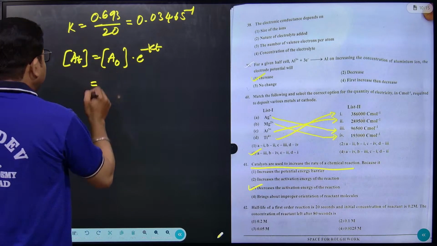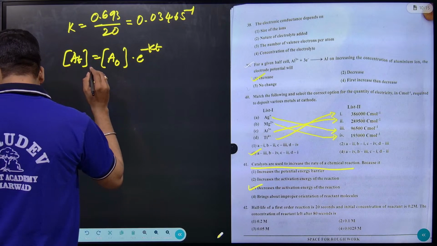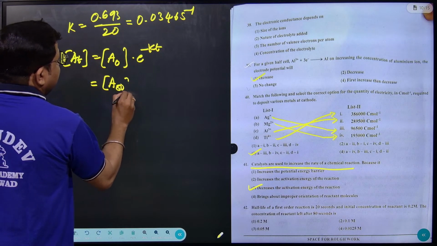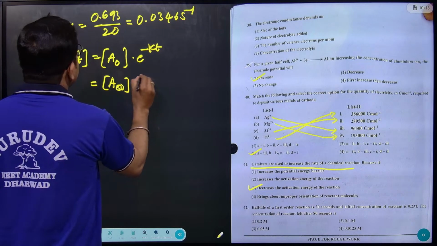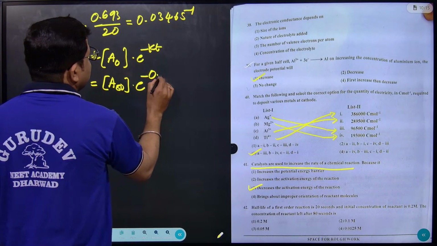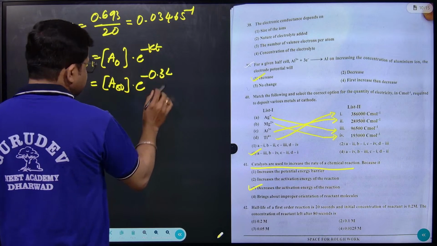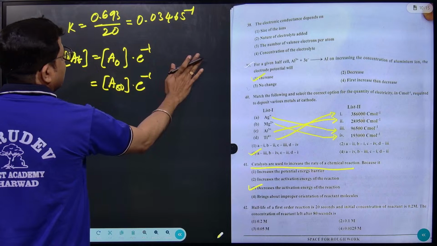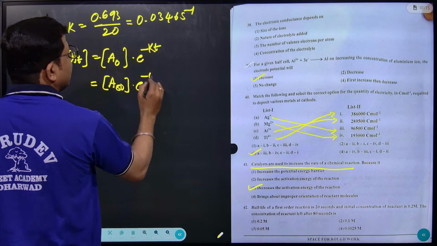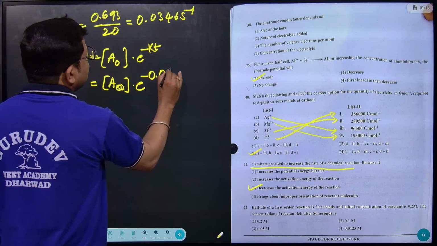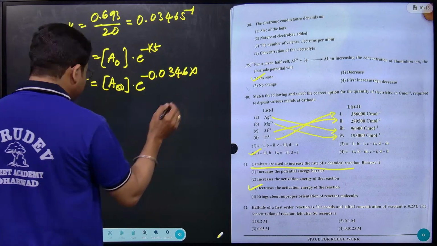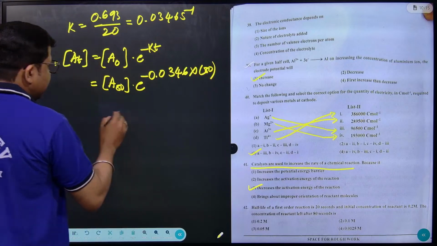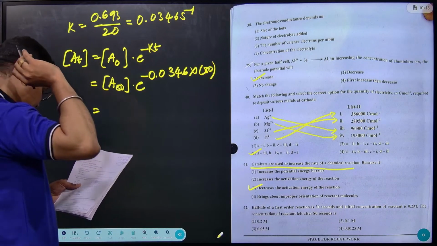So A_t equals A naught into e raised to minus K t.